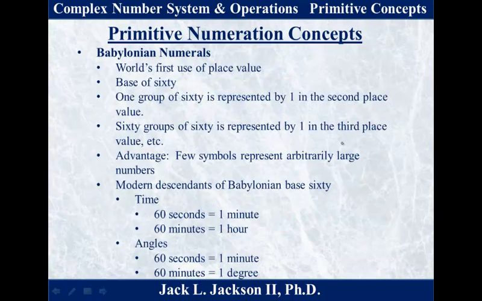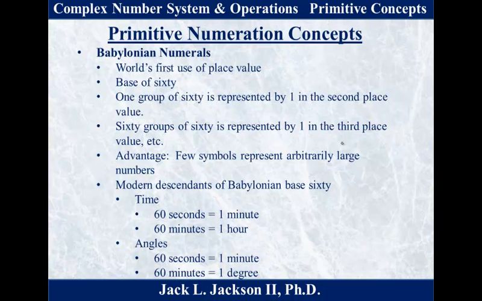Now this problem was first really solved by the ancient Babylonians. This would be in modern day Iraq. The Babylonians at that time had probably the most advanced culture in the world at that time. And they had the world's first use of what we call place value. Now their place value is a little different than ours in the sense that it used a base of 60, whereas we use a base of 10 today.